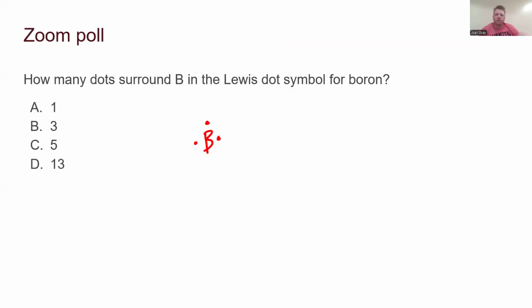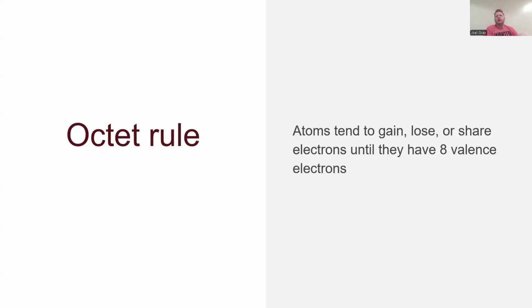And that has to do with a number of different factors, one of which is the likelihood of bonding that different chemicals have. But the octet rule is summarized as atoms tend to gain, lose, or share electrons until they have 8 valence electrons.